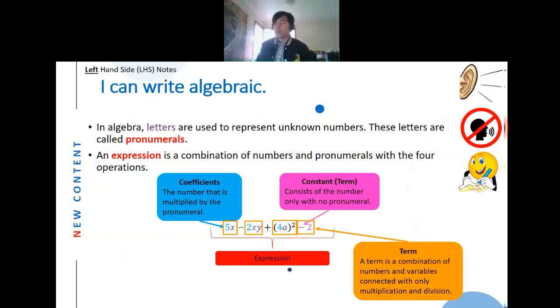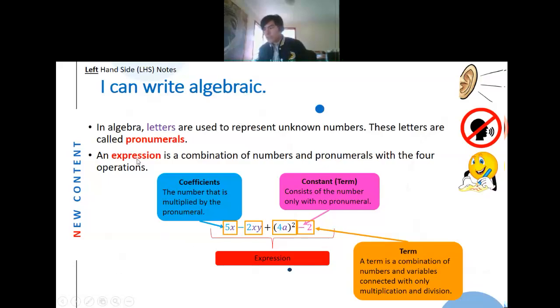We just don't know what the number is, or what the numbers are. But the letters themselves, they are numbers. Now, the letters here, we call them pronumerals, okay? Now, an expression. So our goal here is that, oh, I just spotted a mistake there. It should be, I can write algebraic expressions.